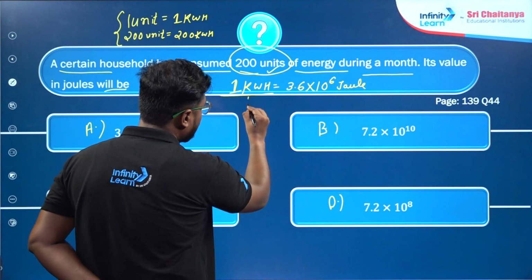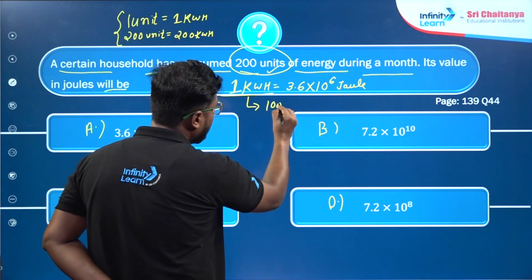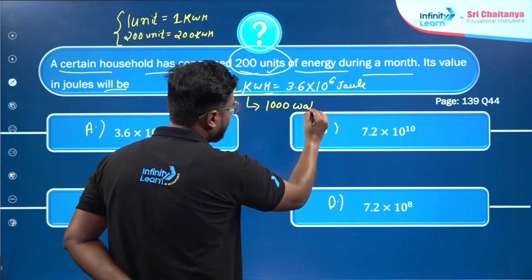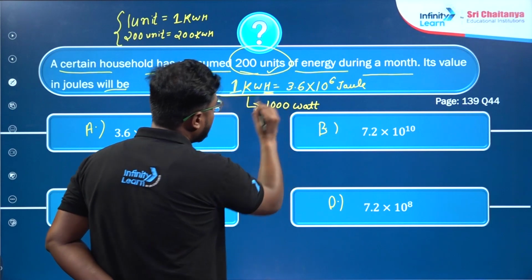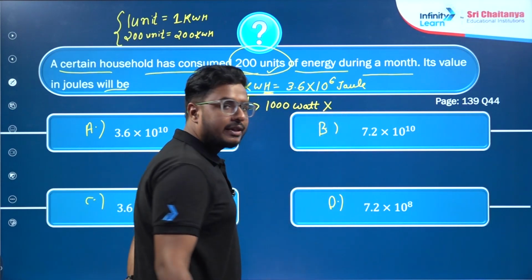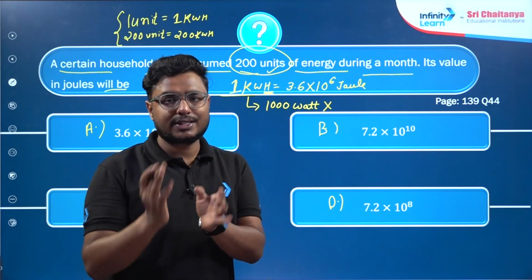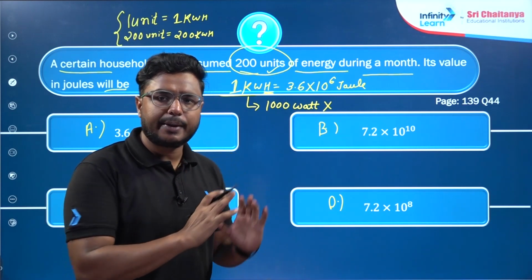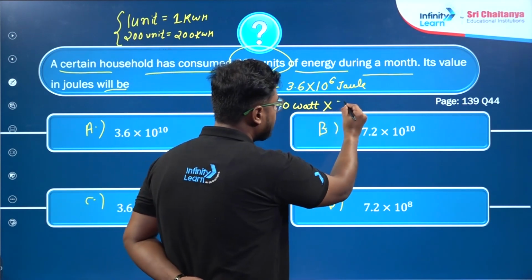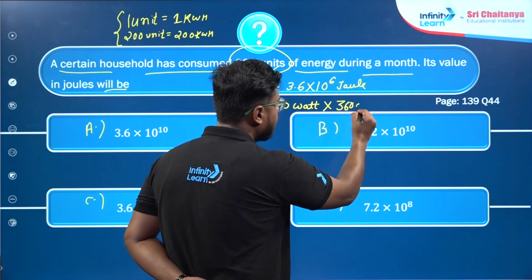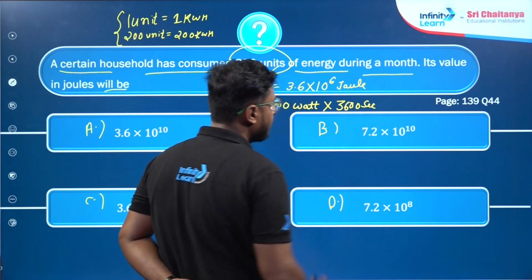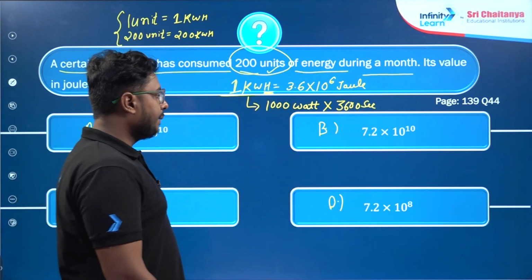1 kilowatt hour, so 1 kilowatt is equal to 1000 watt, right? 1 hour, which is equal to 3600 seconds, because in 1 hour there will be 60 minutes, in each minute 60 seconds, so 60 into 60, directly I am writing here 3600 seconds. I hope here no one should have any confusion, okay? Now see.